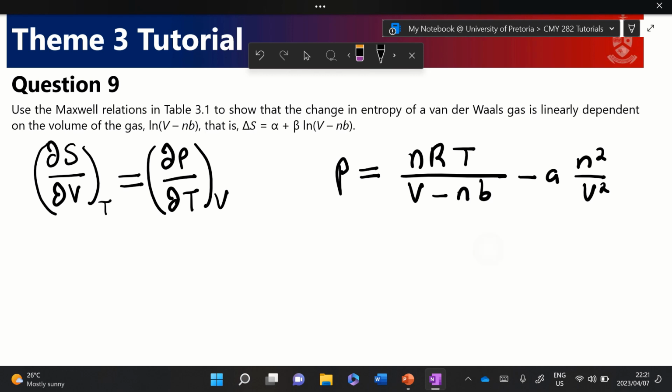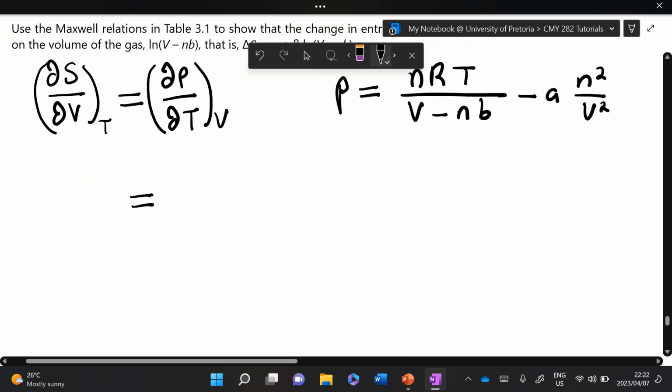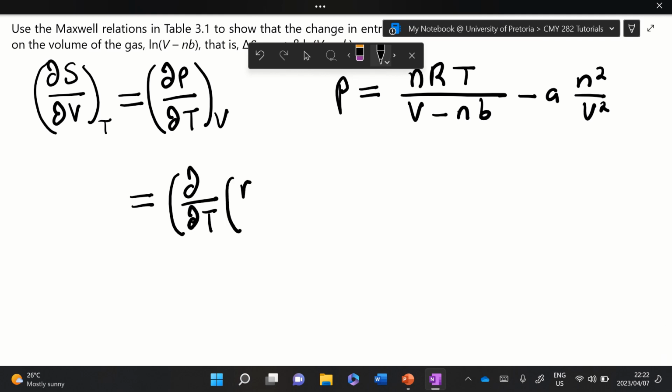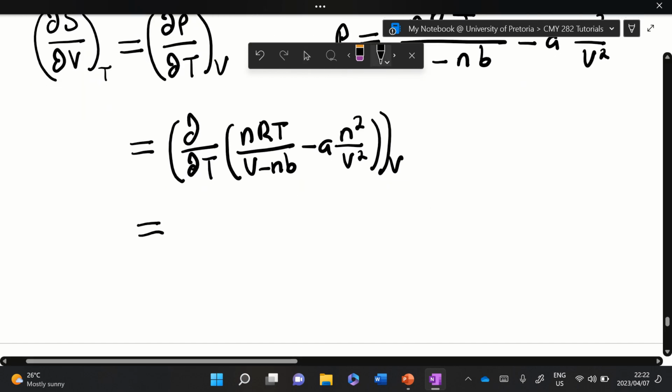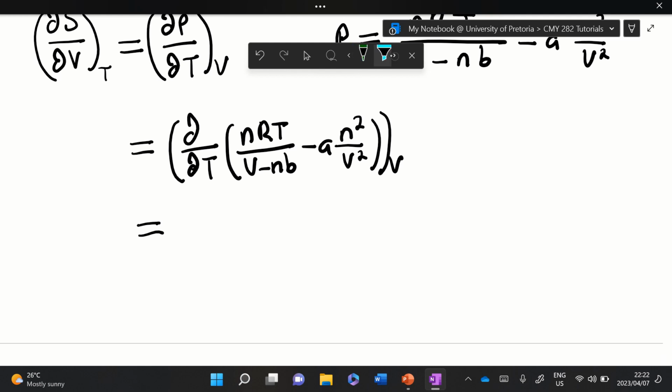Right. So then we plug it in here. We go d/dT of nRT over V minus nb minus a n squared over V squared at constant volume. So for this first one, we take out all the parts that have nothing to do with T, so this is all constant.